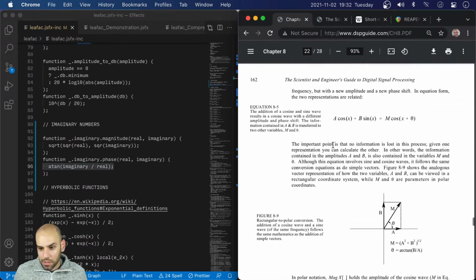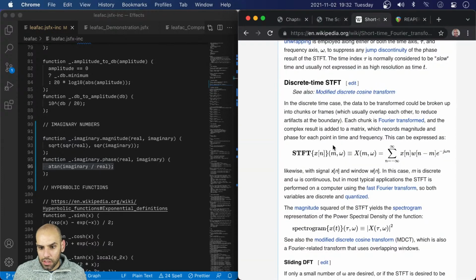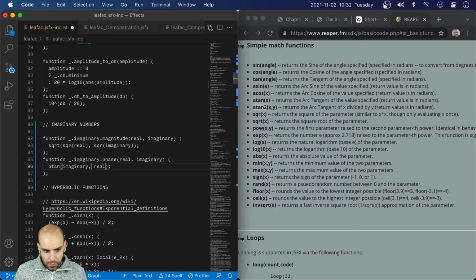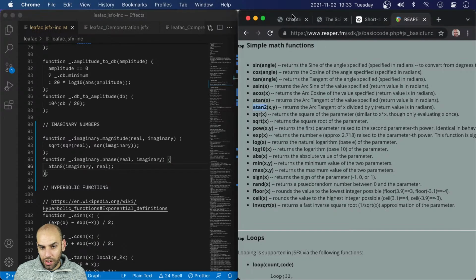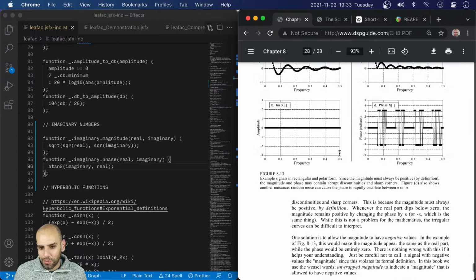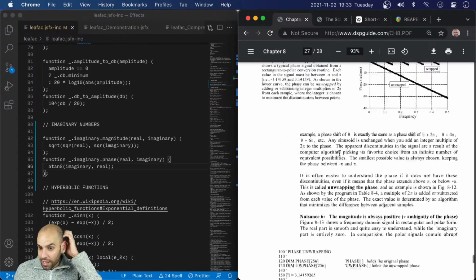But REAPER is so helpful. It comes with a function called atan2, and it returns the arc tangent of x divided by y. So I can do this, and this implements all the small annoying cases from the polar nuisances section.